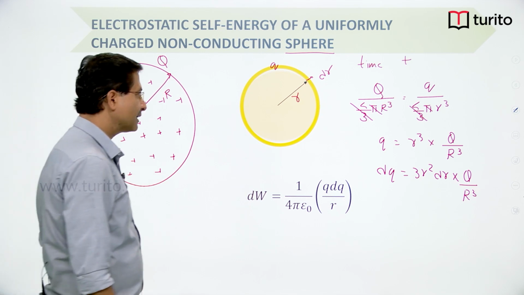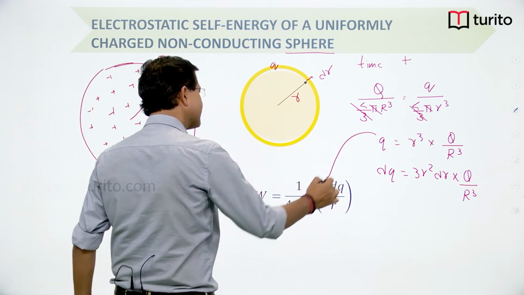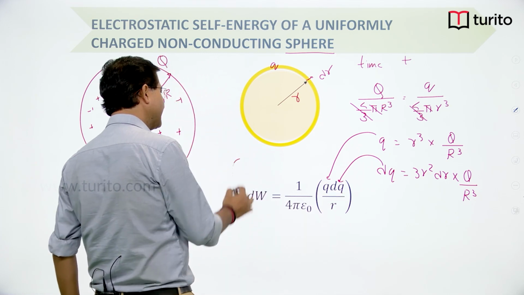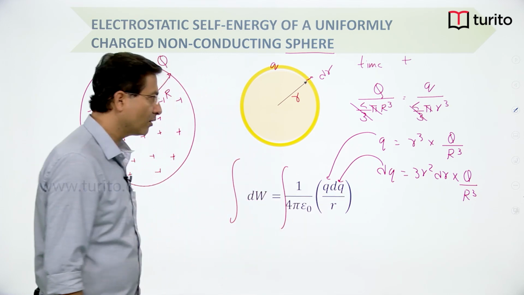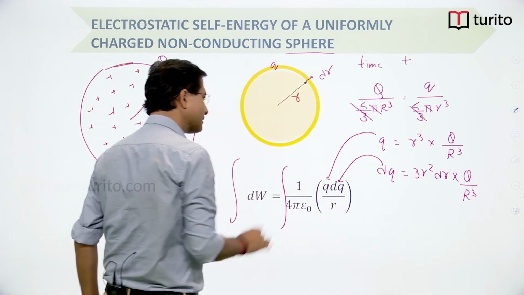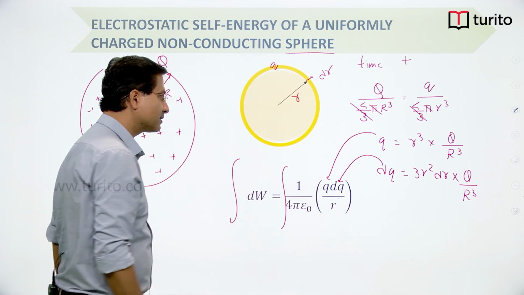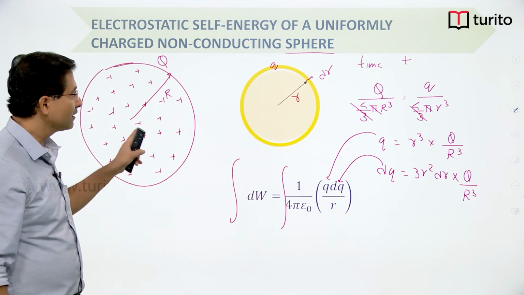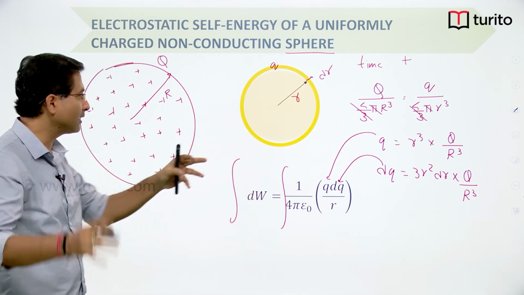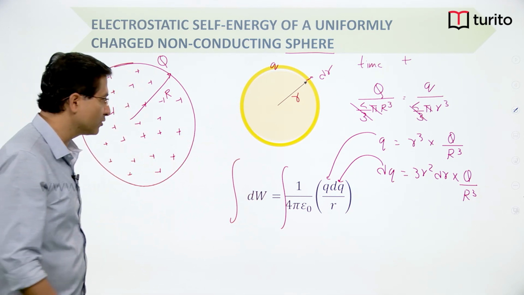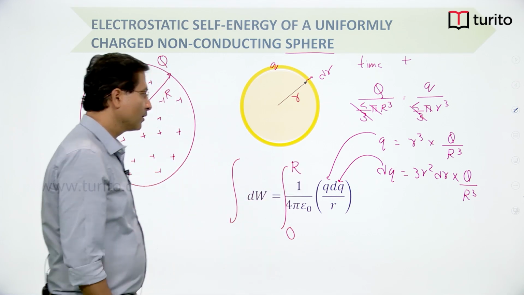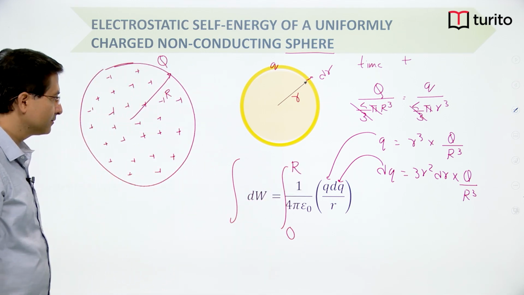So, the charge I can write in terms of radius, dq I write in terms of radius, and then I integrate it. Now everything is written in terms of radius, so the limit must be of radius. Initially nothing was there, so from 0 to capital R you have to increase it.